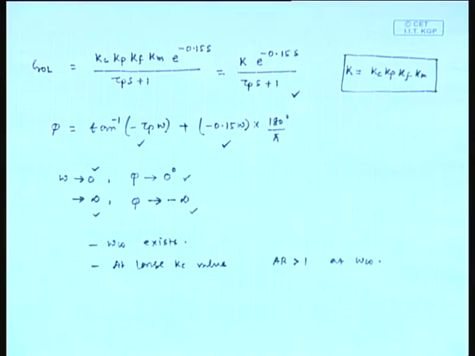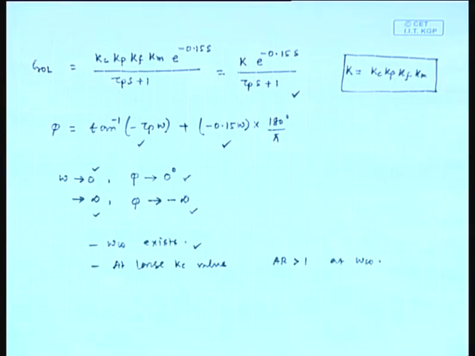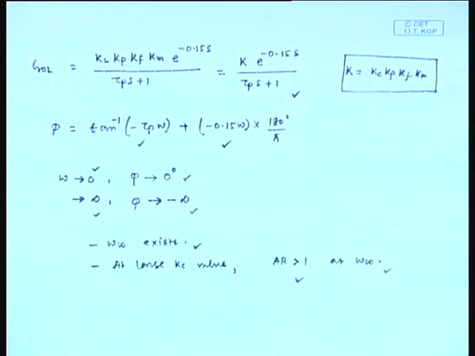It clearly indicates there is an instability problem. So, the first point is that the crossover frequency exists, and at large Kc value the amplitude ratio may become greater than 1 at crossover frequency. That means there is some instability problem.